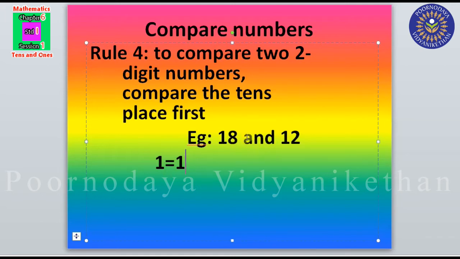Now look at the ones place of these two numbers. First, 18. In the ones place there is 8. Then look at the second number, 12. The ones place there is 2.